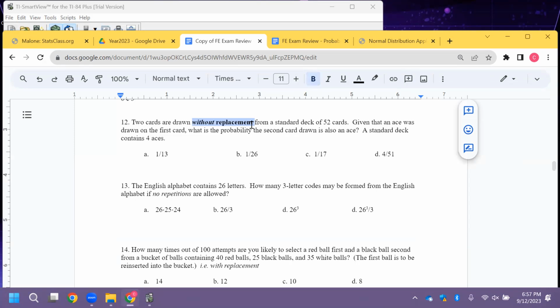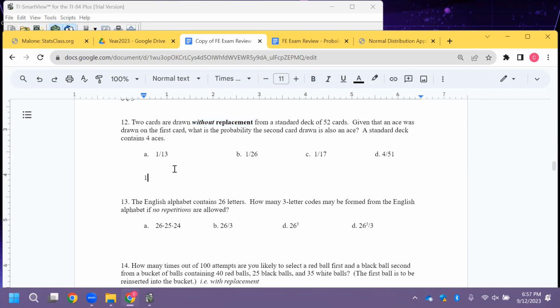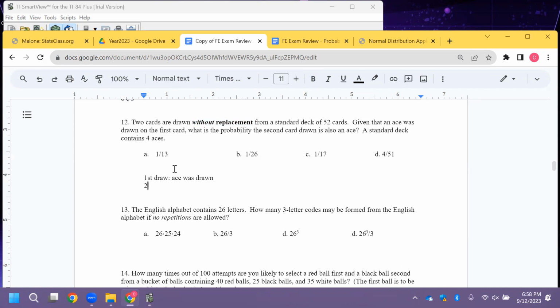Given that an ace was drawn on the first draw, which they're telling us, then on the second draw they want to know that it's also an ace.